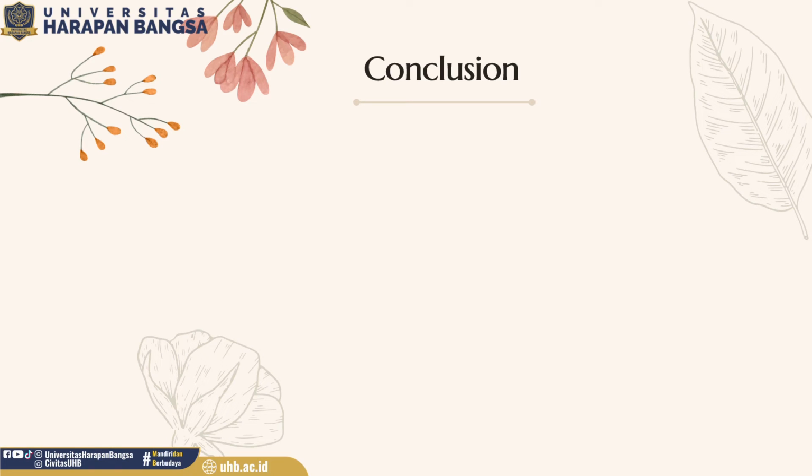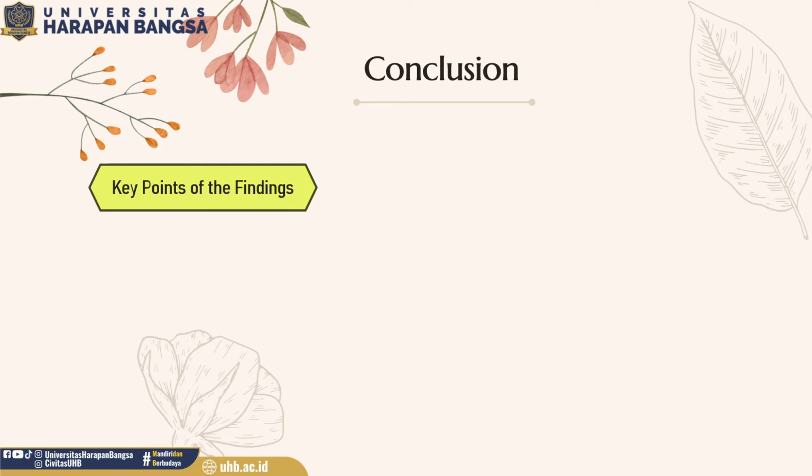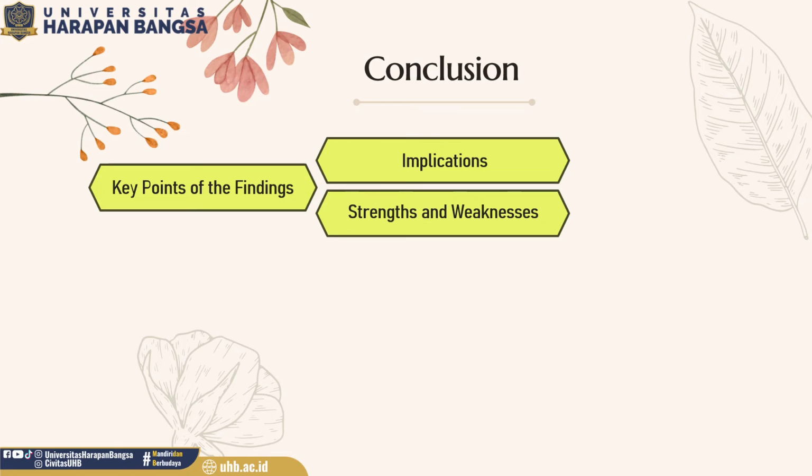Next, conclusion. This section summarizes the key points of the findings or summary of the results, implications on how the findings may be important, strengths and weaknesses of the research, great effects or things to improve, and recommendations or suggestions.